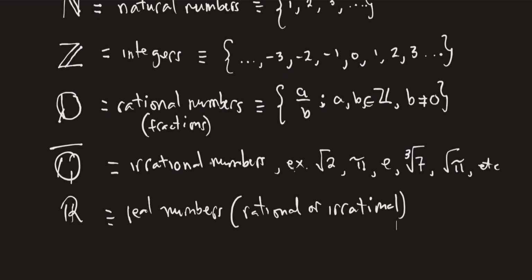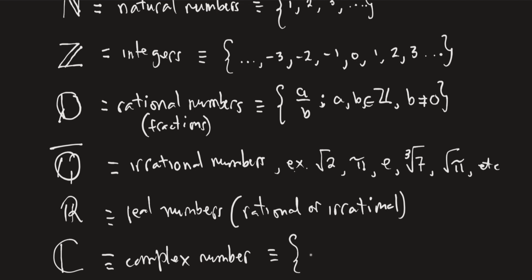Just for completeness, however, I am going to mention one more set, and it's denoted C. And this is the set of complex numbers. Right, and what are complex numbers? Well, they have this form, a plus bi, where a and b can be real numbers, and i is defined as the square root of -1, right?